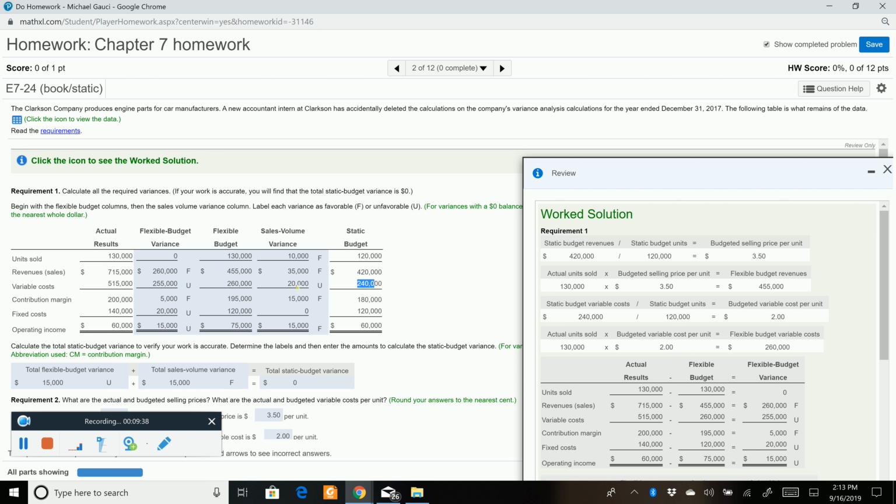Because the cost is higher, that is an unfavorable variance. Contribution margin, using the flex budget, 195, versus the static budget, we were expecting 180. It is higher than what we were expecting. That is a favorable variance. In the overall operating income, flexing to the actual level of activity, $75,000, but our original planning budget had $60,000. That is a favorable variance.